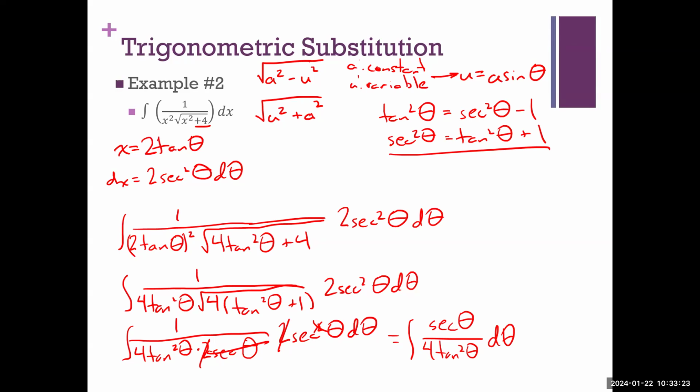Sine, cosine, see what we end up with. Let's do that and see what comes out of it. So what is secant in terms of cosine? This is equal to 1 over cosine theta. And what is tangent equal to in terms of sine and cosine? I'm going to reciprocate that. So cosine squared theta, I left off the 4, didn't I?